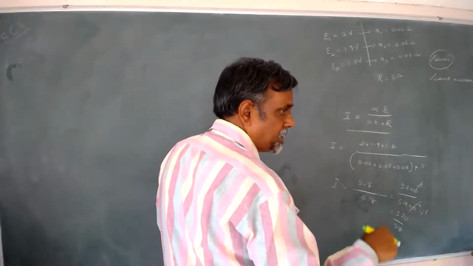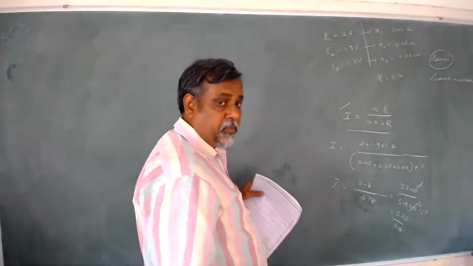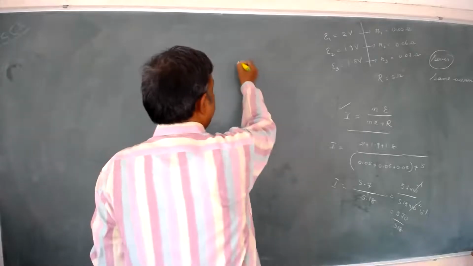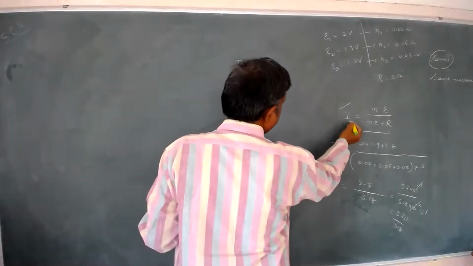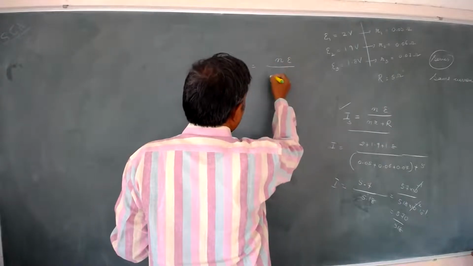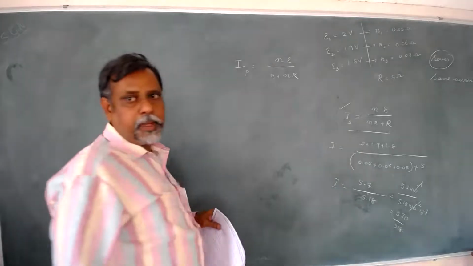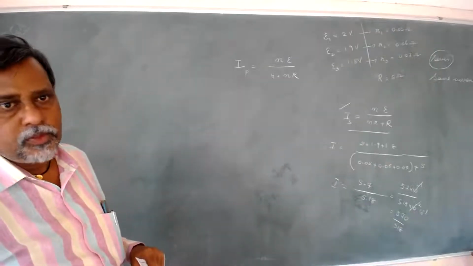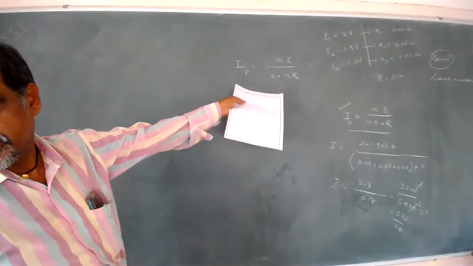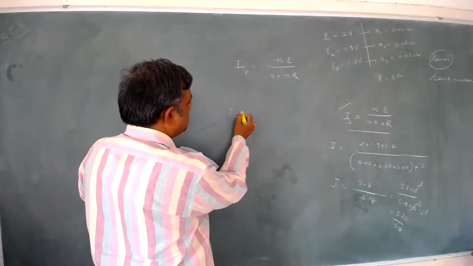When they are connected in series, what is the current equation? When they are connected in parallel, what is the current equation? This is series, this is parallel. Did you remember? Very, very important observation. The same current, he says.